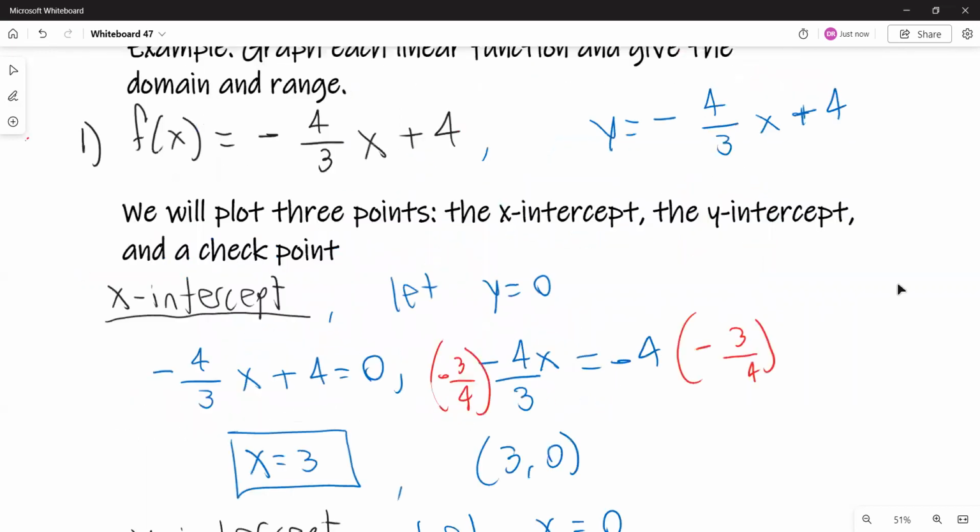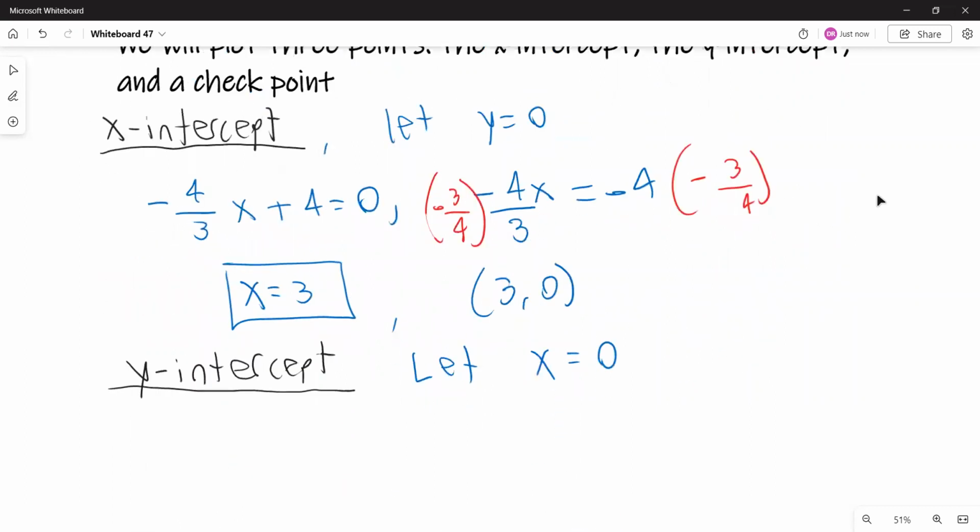So all we do is plug in x. So y is -4/3 times 0 plus 4. But any number times 0 is 0. So y is 4. And the y-intercept is 0, 4. So that's usually all you need, 2 points.